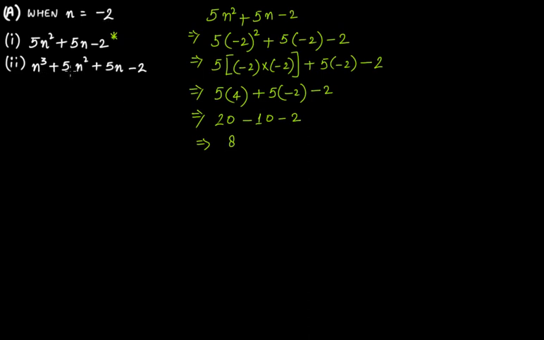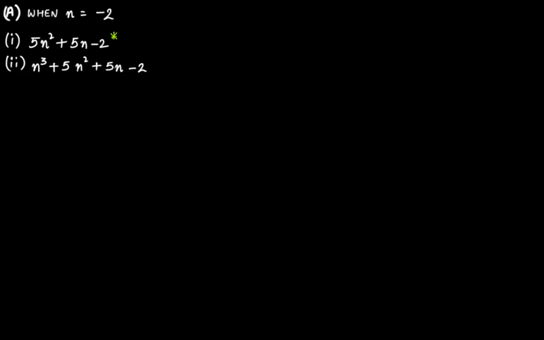Let's solve for the second expression. In the second expression, we have n cubed plus 5n squared plus 5n minus 2. Let's put n equal to minus 2 here. So this is minus 2 cubed plus 5 times minus 2 squared plus 5 times minus 2 and minus 2.